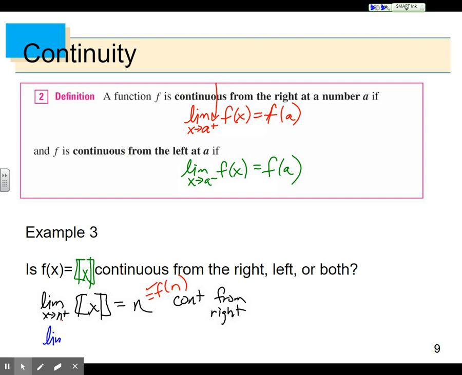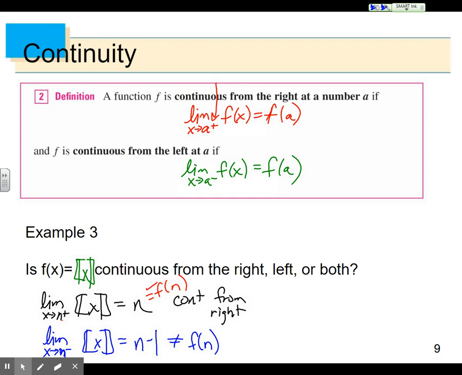All right, let's try it from the left. The limit as x approaches n from the left of our greatest integer function. Again, what we saw with the 3, when I approached 3 from the left, it was like 2.99999. We saw that it was actually 1 less than what this n value was, n minus 1, which is not what f of n is.